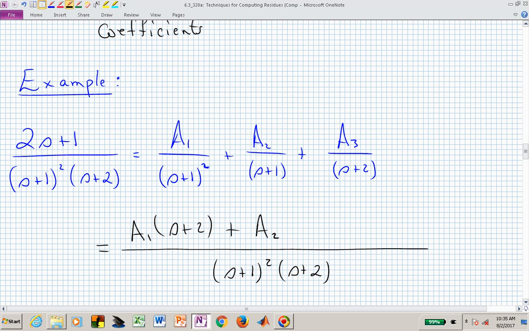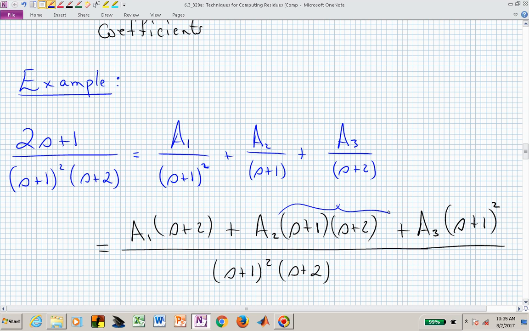A sub 2, what do we need to scale it with? Well, it's missing an s plus 1 factor, and it's also missing an s plus 2 factor. And finally, a sub 3, to get it over the common denominator, we need to scale it by the s plus 1 squared term. Now to maybe make this a little cleaner, let's go ahead and multiply these out.